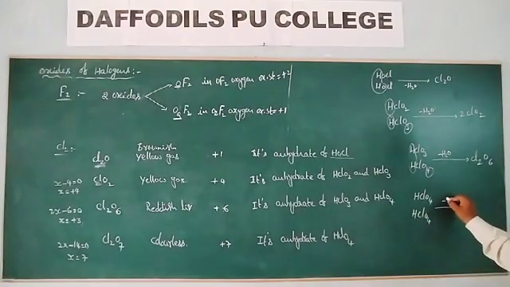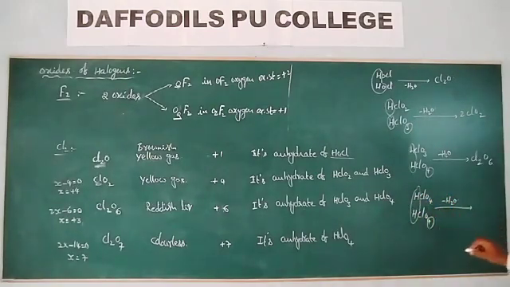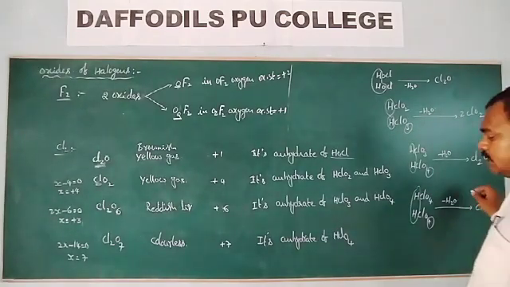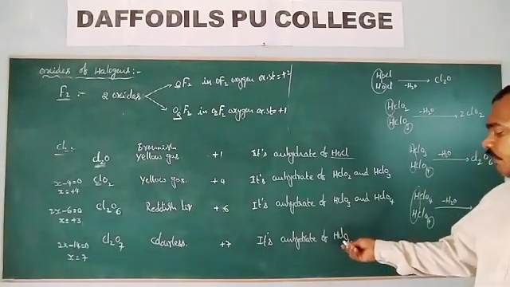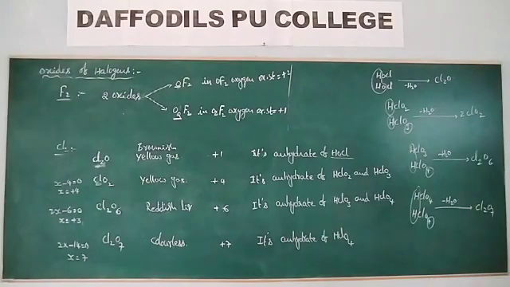Remove water molecule from these things, H2O, then you will get Cl2O7, chlorine heptoxide. This chlorine heptoxide is the anhydride of perchloric acid, HClO4.